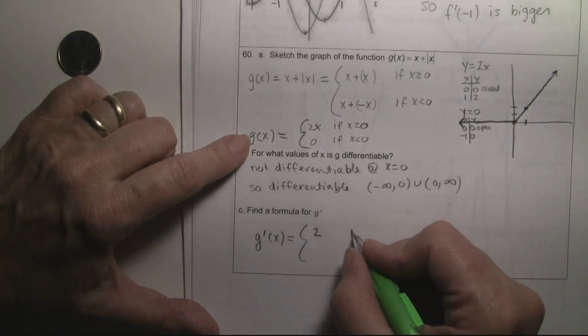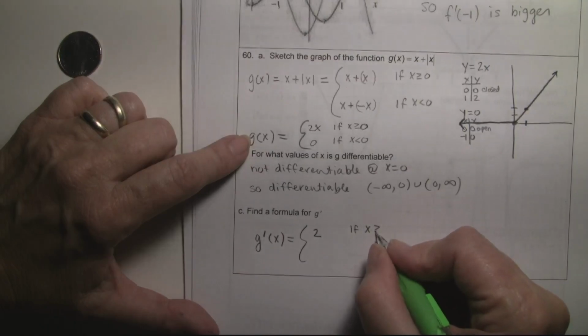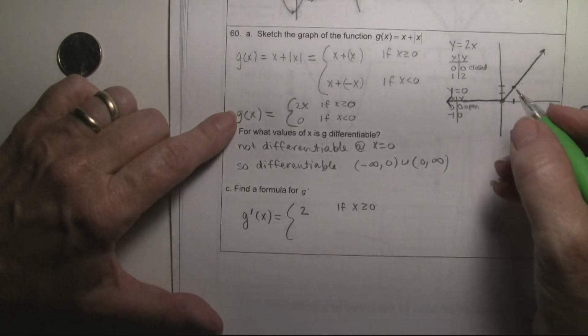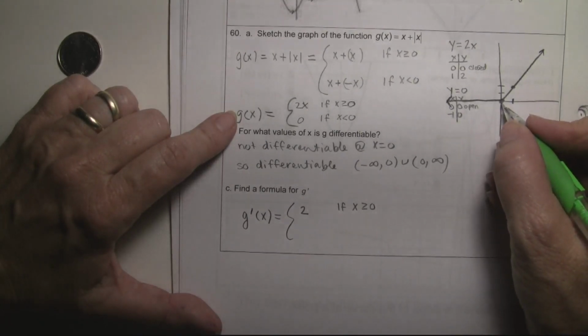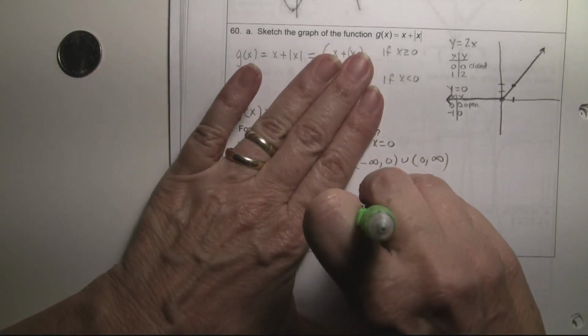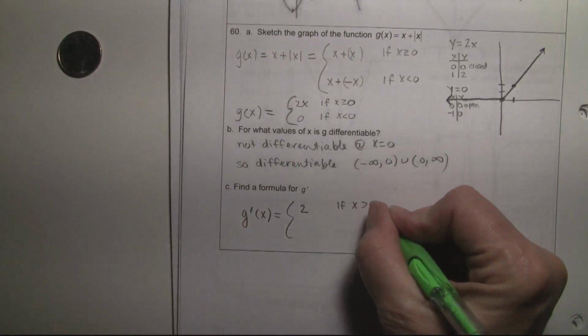And as long as this is if x is greater than, and I'm going to say or equal to 0 because I want to correct myself on that. Well, no, not at 0. 0 is where it wasn't differentiable. So I need to leave out 0. But as long as I'm greater than 0, the slope is 2.